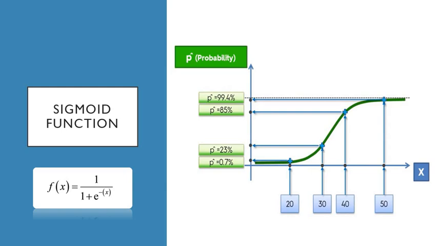At the end, we know that when logistic regression takes any value of x, 20, 30, 40, 50, it produces a set of probabilities. Your p hat can be 23%, 85%, 99.4%. So this is what our logistic regression does.